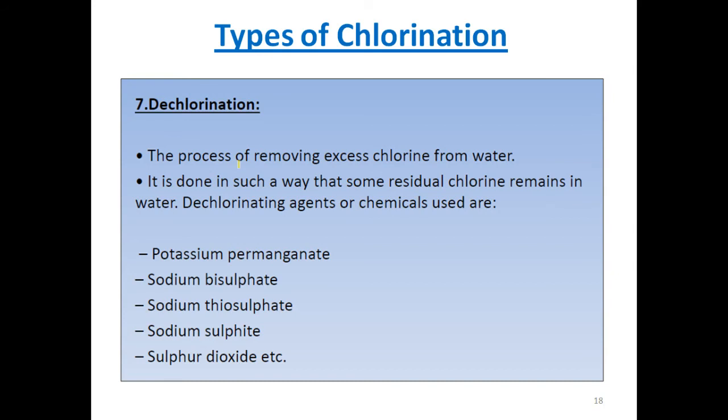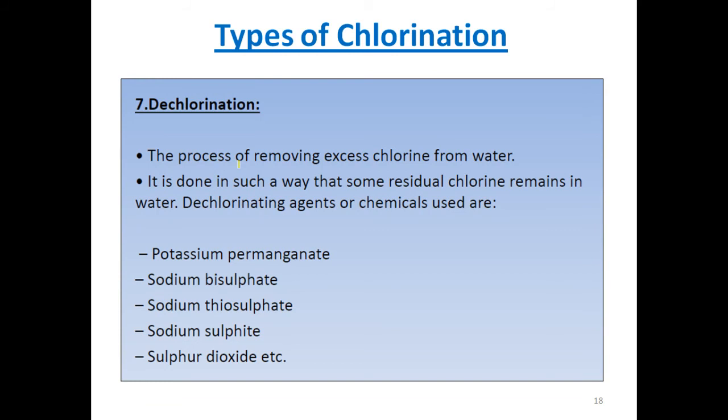I have just explained how dechlorination is done after superchlorination and why. Dechlorination is done to remove the taste and odor of chlorine which comes after the application of superchlorination.